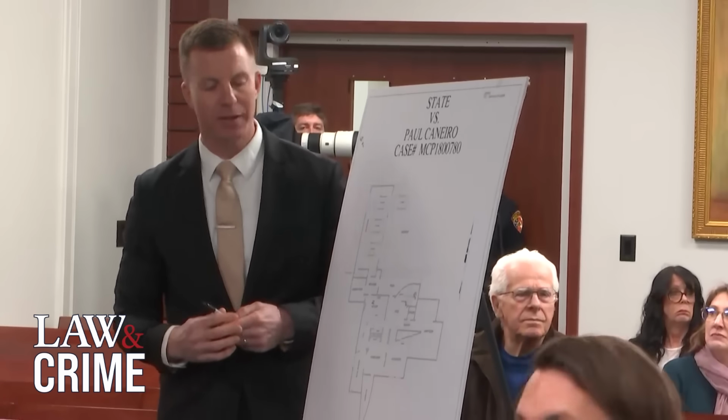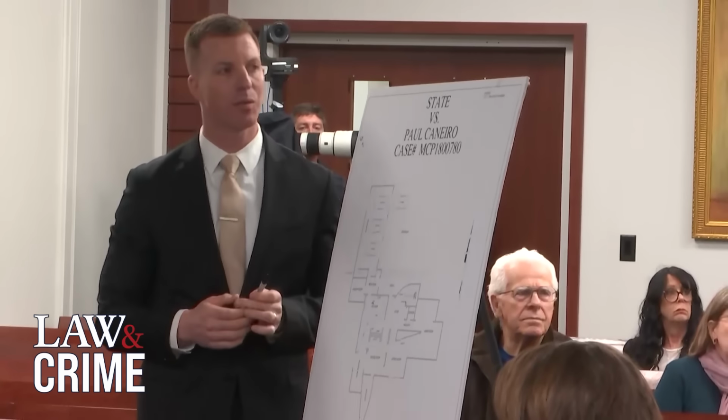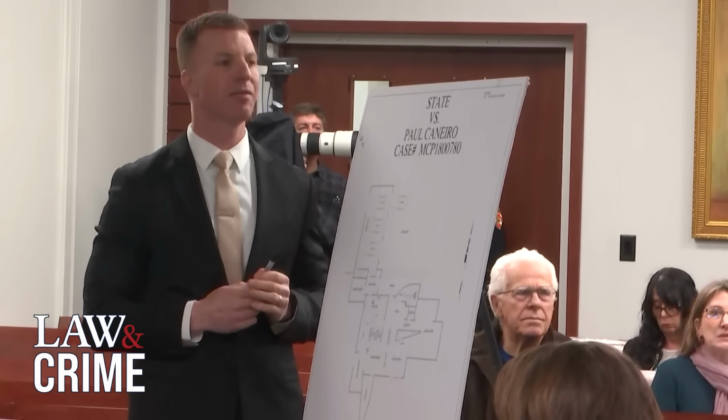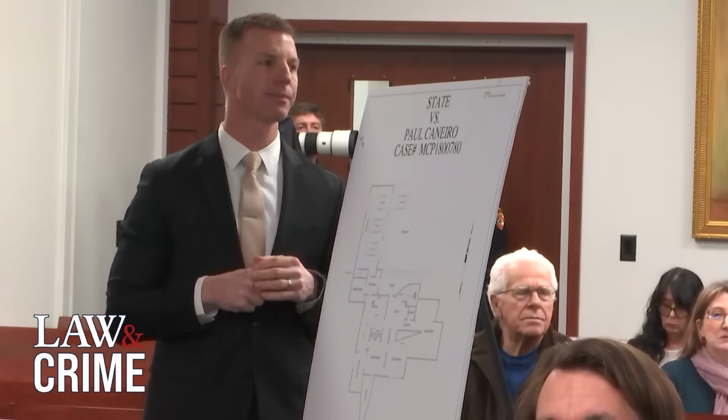So if you walk directly into the front door and turn to your left, you're going to see the ascending stairwell to the left of this photograph, and the descending stairwell just to the right of that. Again, Jennifer Caneiro's body is located on the ground, just next to that second stairwell. Slide 53.